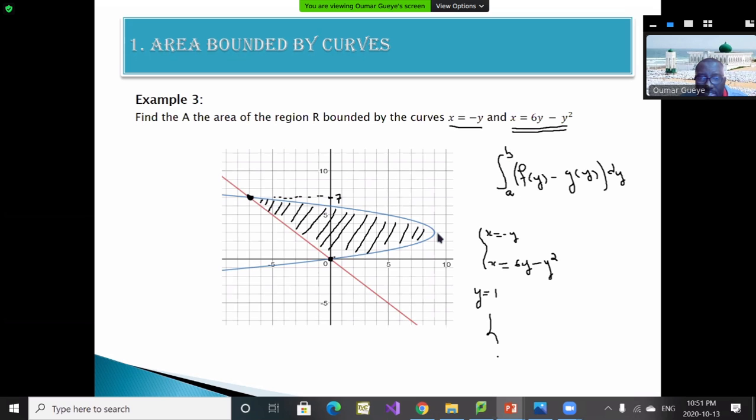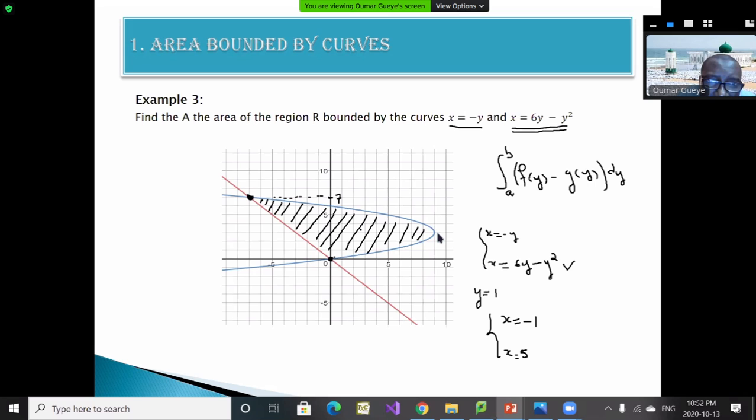And in this case, when you substitute in the first equation, you will get -1. When you substitute in the second equation, you will get 6 minus 1, which is equal to 5. So you can see here 5 is greater than -1 and 5 is obtained from this equation. So it means this equation is the greater function, the parabola as your friend said.